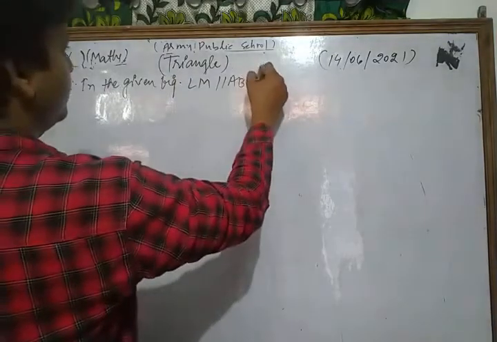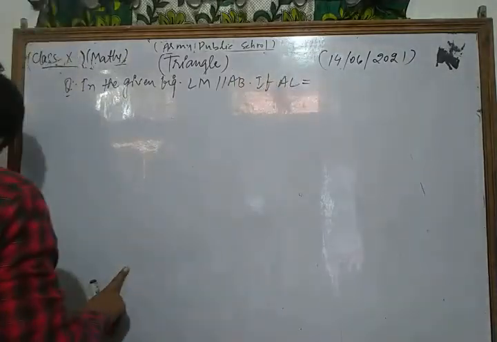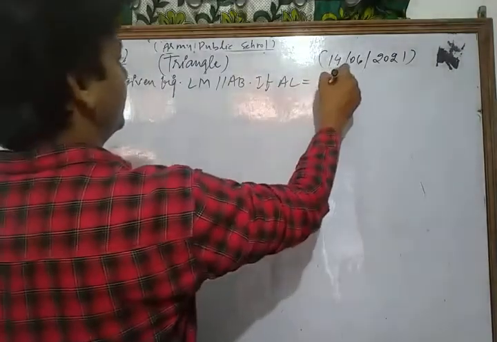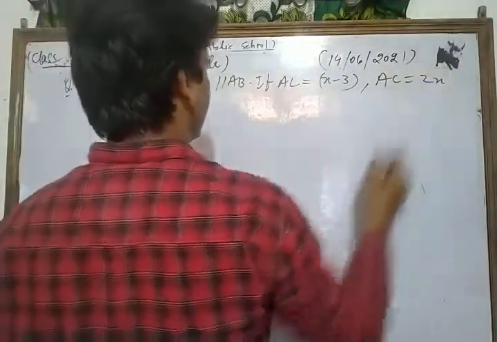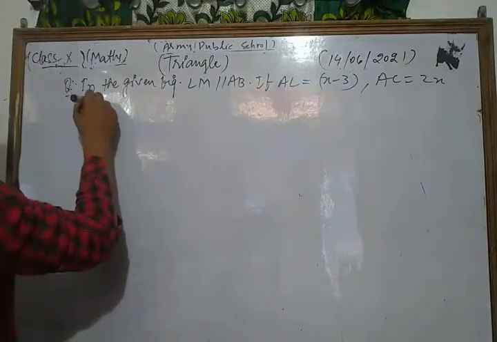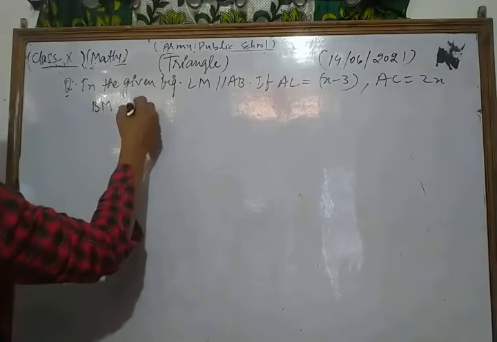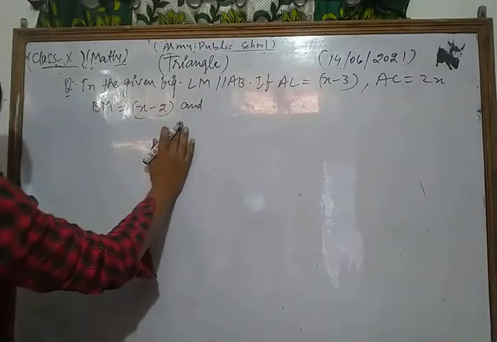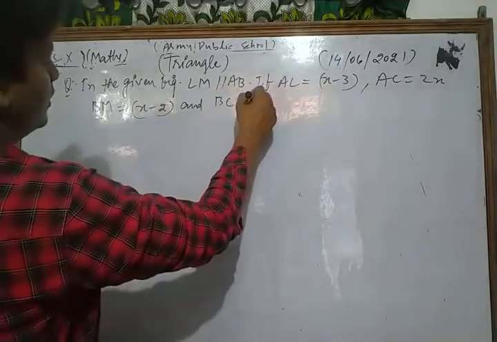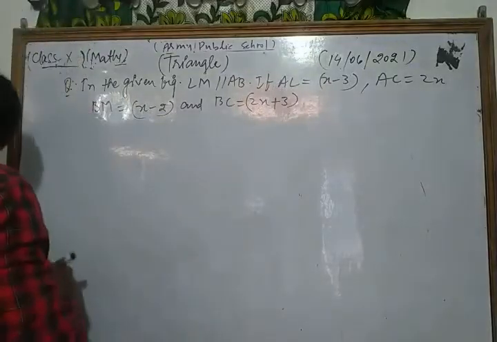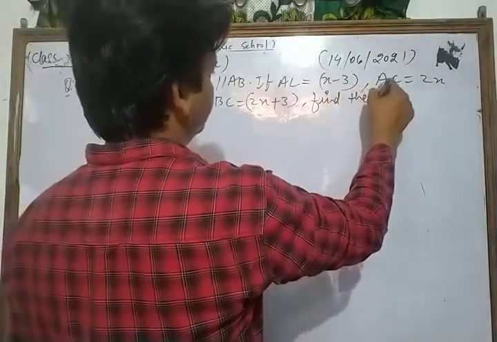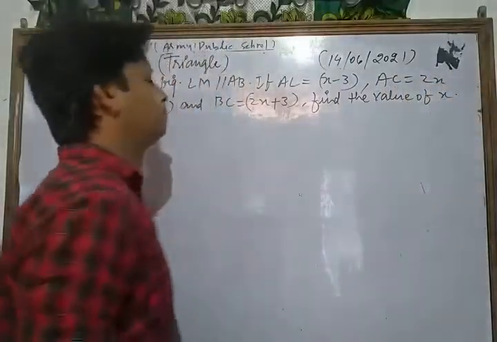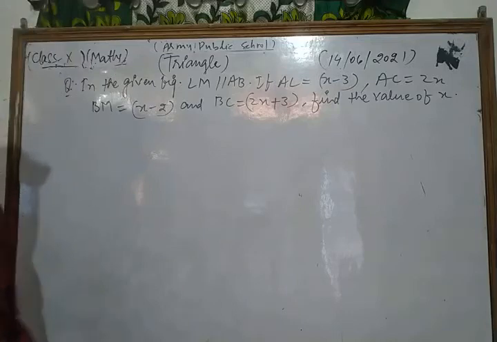If AL is equal to x minus 3, AC is equal to 2x, BM is equal to x minus 2, and BC is equal to 2x plus 3, find the value of x. Now let's see its solution.